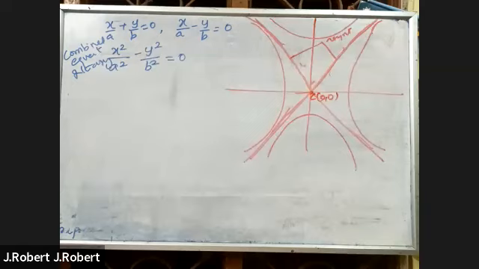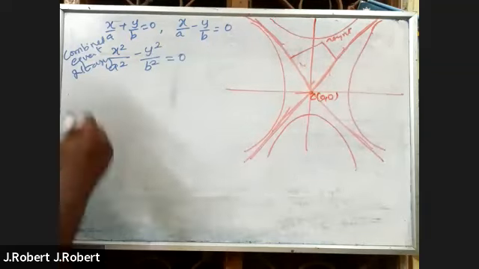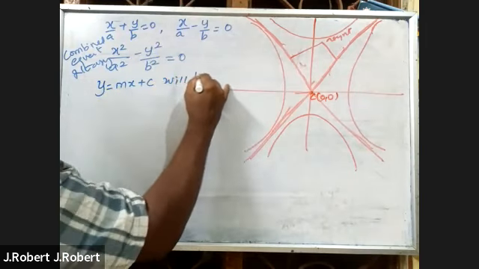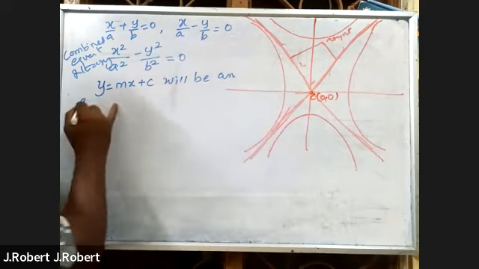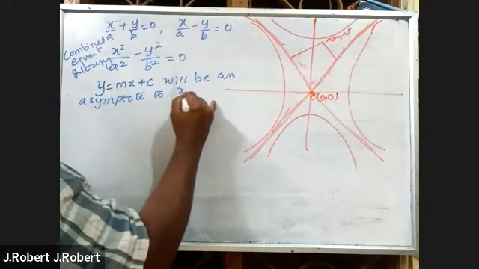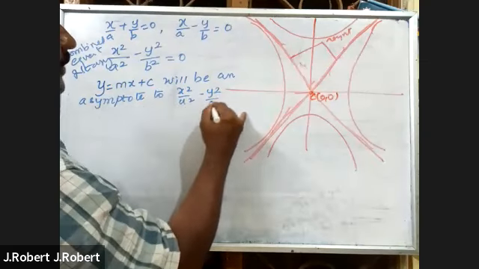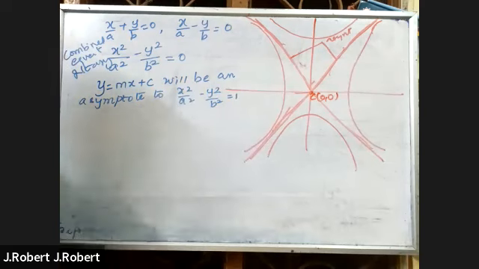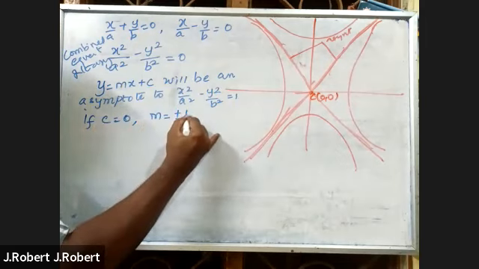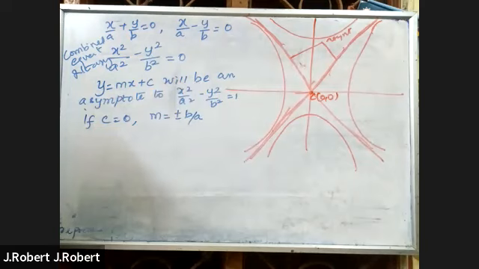The next note: the straight line y equals to mx plus c will be an asymptote to the hyperbola x square by a square minus y square by b square equals to 1 if two conditions are satisfied: c is equal to 0 and m is equal to plus or minus b by a.